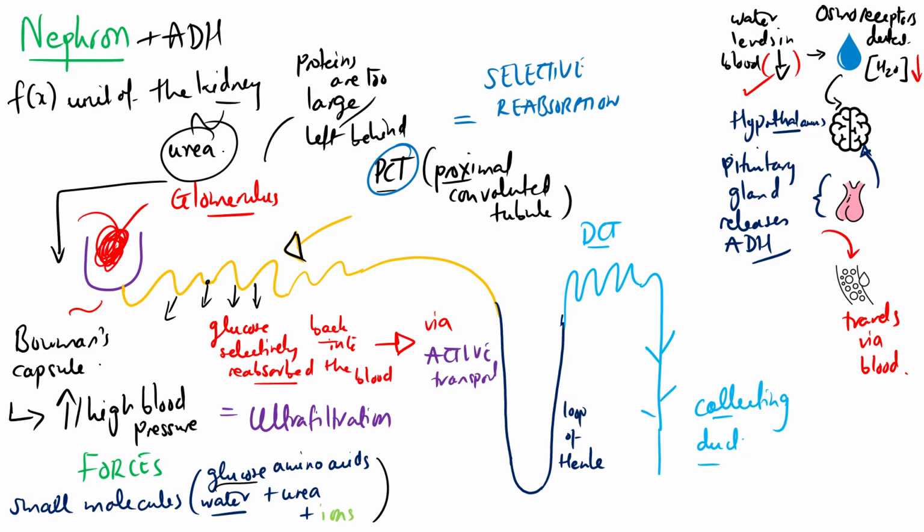Okay, but it's going to target two regions, and they are the collecting duct and the DCT. Now what does it do? Well, it makes the walls more permeable to water, so that more H2O is reabsorbed back into the blood.